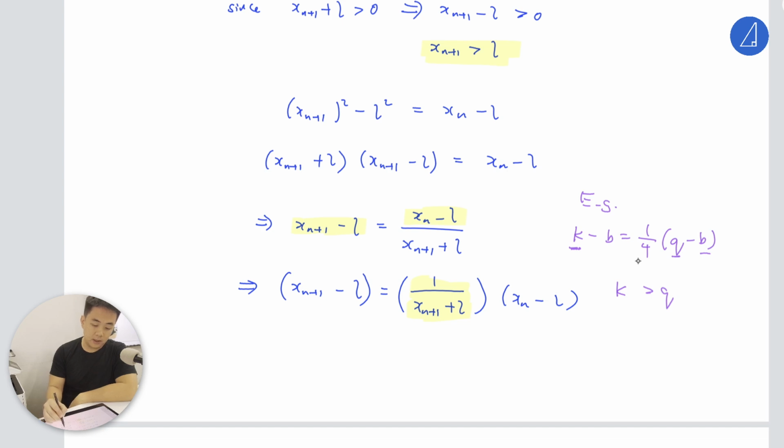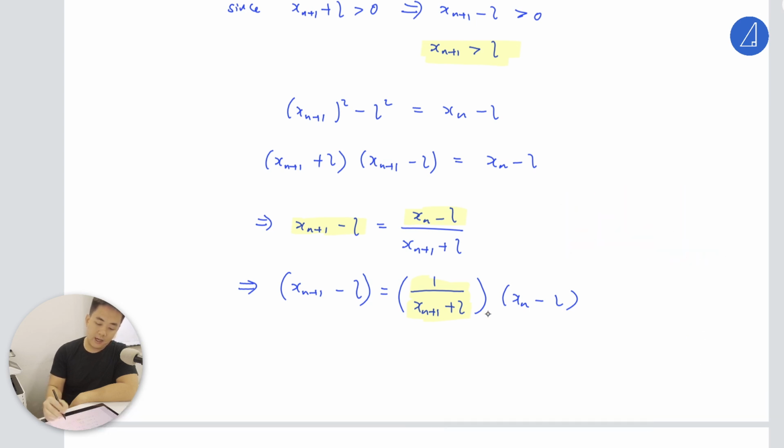Okay, because this is 1/4, right? When you expand everything in, you realize that it is 1/4 of it. So k minus b is smaller than q minus b. So k is smaller than q. Okay, that's the idea.